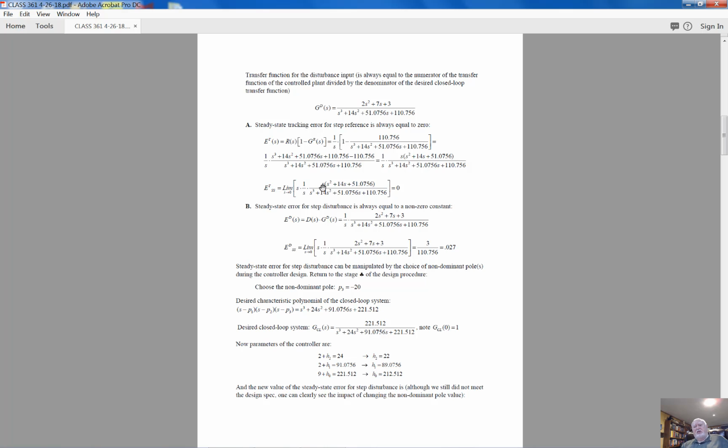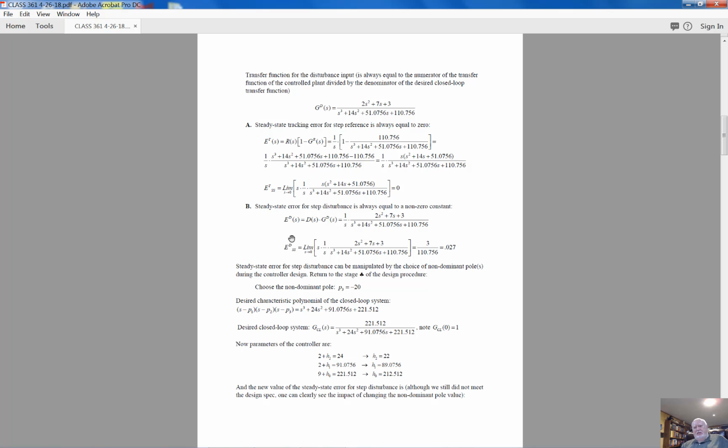If s approaches 0, the steady state error will be equal to 0. So you see, if you designed a control system using the pole placement approach, and you did your design properly, the tracking error for step reference must be 0.